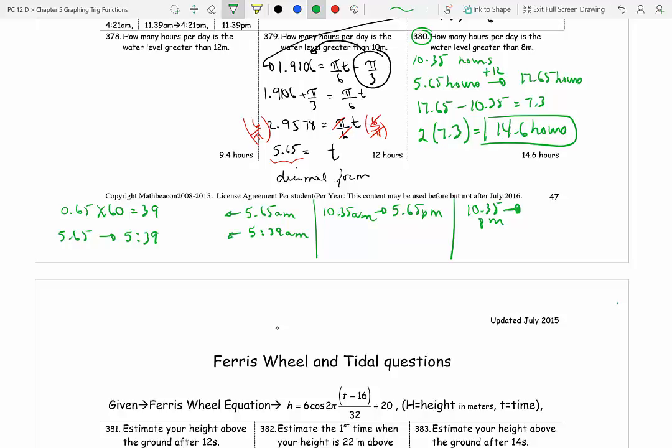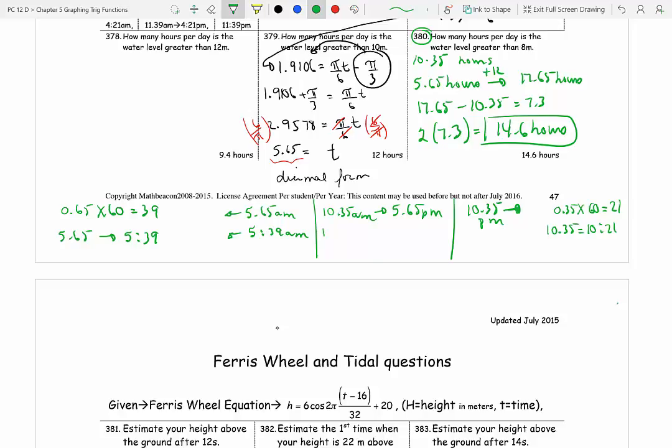Okay, and then we will do the same thing for the 10.35. 0.35 times 60 gives us 21. Okay, so 10.35 is the same thing as 10 hours and 21 minutes.